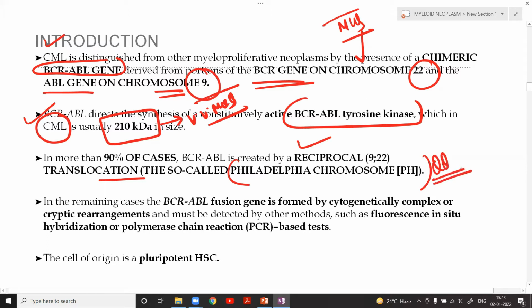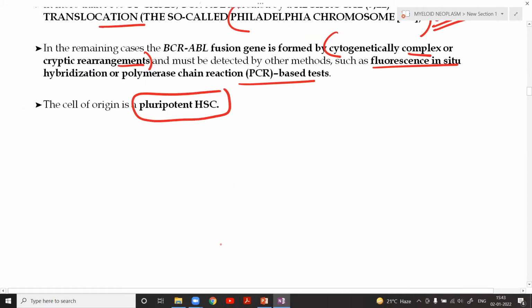Now, in the remaining 10% of cases, the BCR-ABL fusion gene is formed by cytogenetically complex or cryptic rearrangements and must be detected by other methods like FISH or PCR. Now, the cell of origin in case of CML is a pluripotent hematopoietic stem cell. So, is this very clear to everyone?